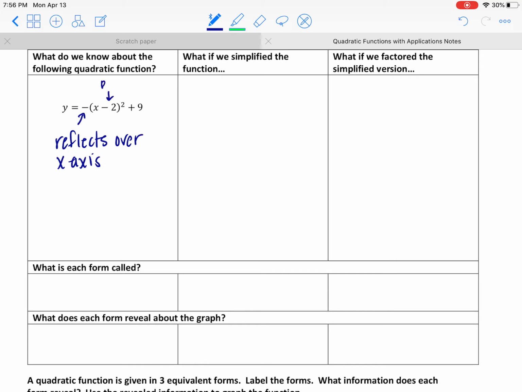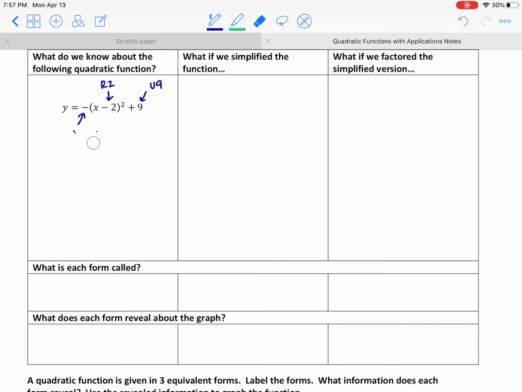And this -2 makes the graph go to the right 2, and this +9 makes the graph go up 9. When I'm saying this graph, I mean the parent function. If the parent function were to shift right 2 and up 9, that means the vertex shifts to the right 2 and up 9. So just by looking at this function, I know it's going to be opening down.